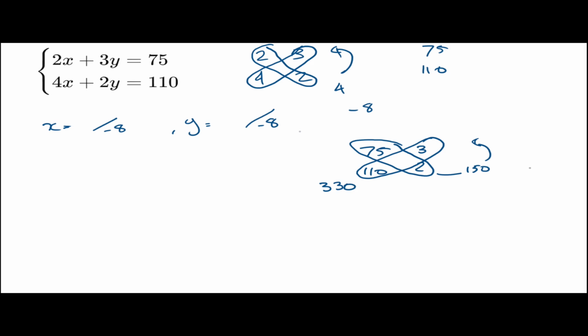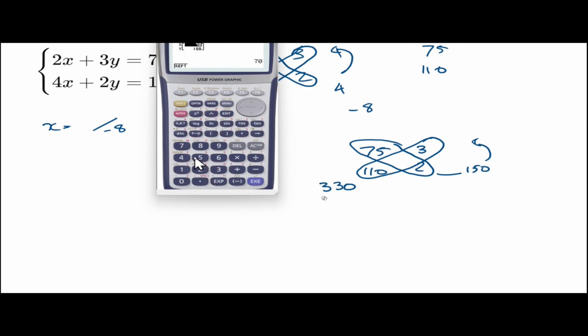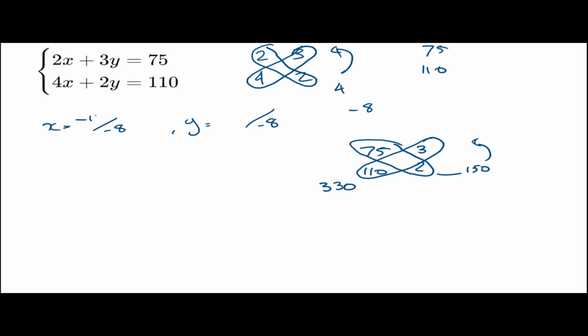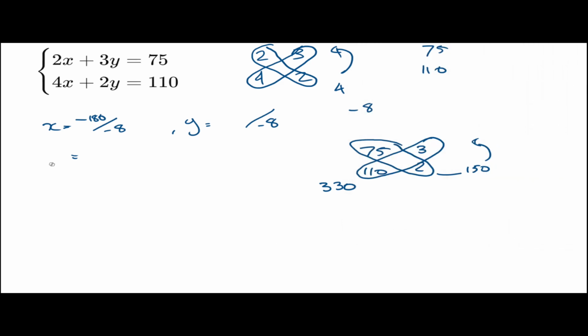So 150 minus 330 is minus 180. So x is minus 180 divided by minus 8 gives us positive 22.5.